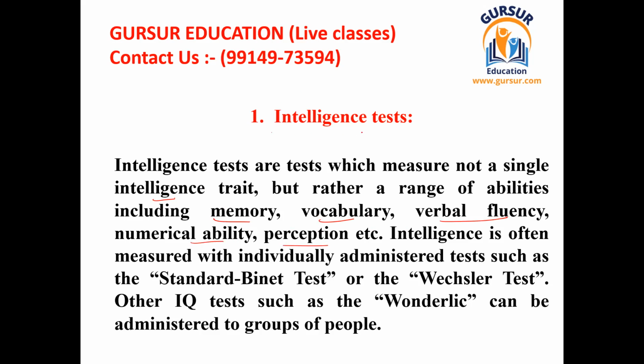The tests conducted for finding the level of all these traits are known as intelligence tests. Some very good examples are the Stanford-Binet test, the Wechsler test, and other IQ tests such as the Wonderlic test. These tests have the purpose of finding the level of intelligence of a specific person. I hope you understood that.